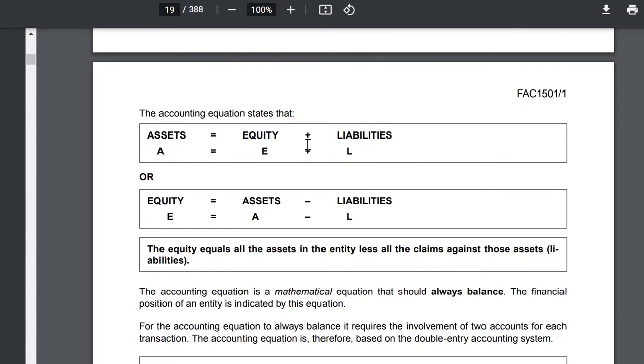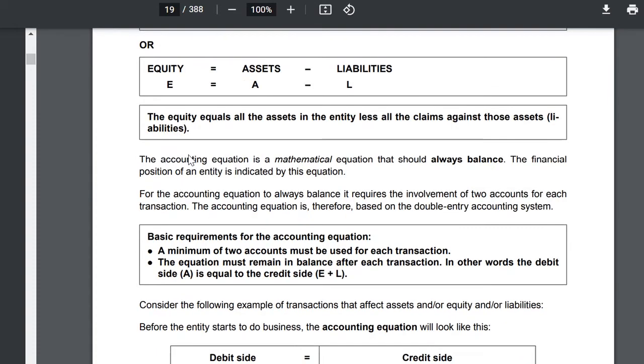So in the example of Walton's, we know that Walton sold stationery worth 5,000 for cash, and they received cash of 5,000.